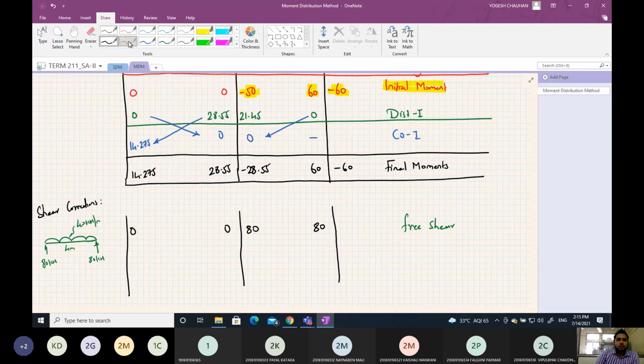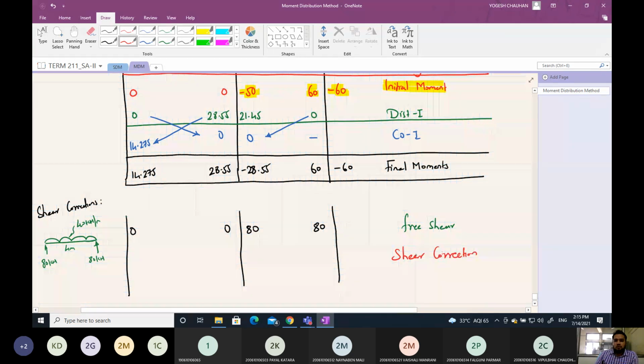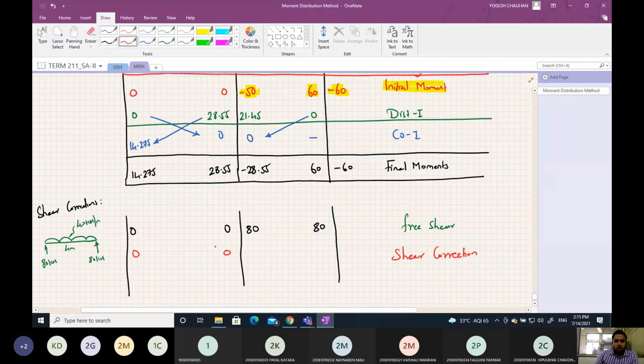Next step is shear correction. So the unbalanced moment on this span is 0, so shear correction will be 0 here only. Oh, not 0, sorry. The unbalanced moment is 14.275 and this is 28.55.